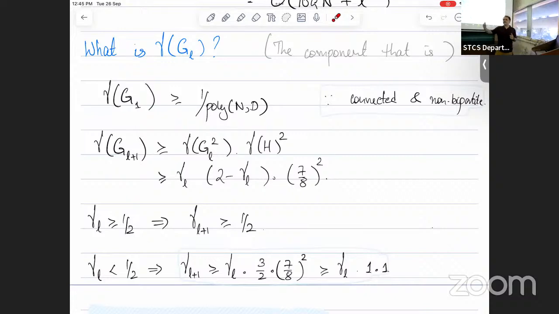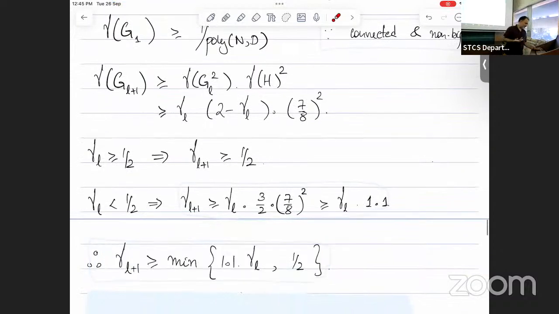It's just that this increase, of course, starts saturating once your spectral gap has already become large enough. But the whole point that we are trying to argue is that sooner or later your spectral gap will become large enough. And this says as long as you are small, you will increase by a large factor. So obviously this cannot keep happening forever. It has to stop soon enough.